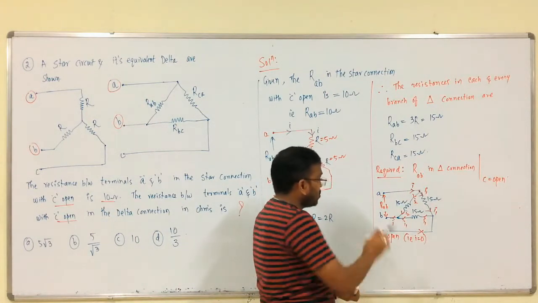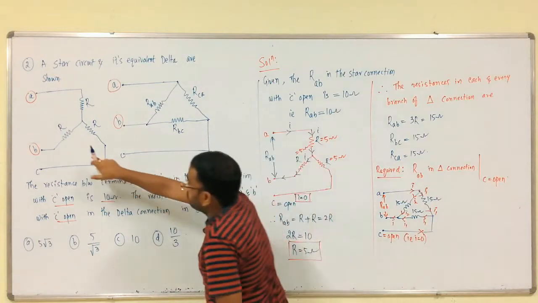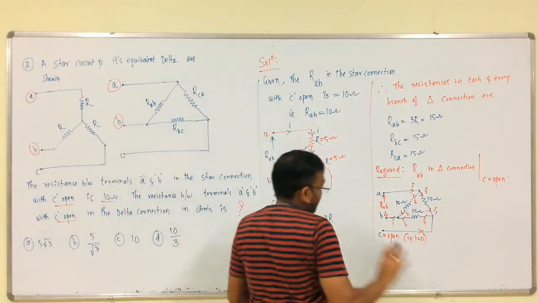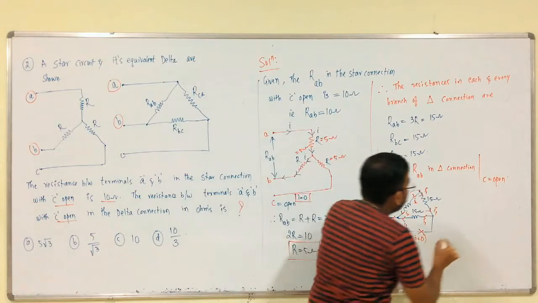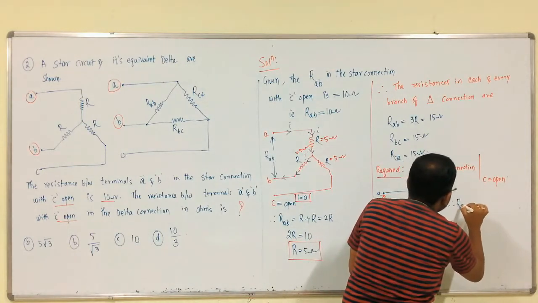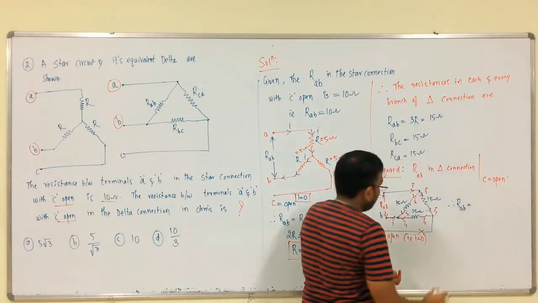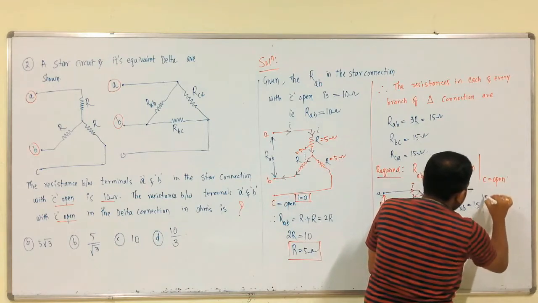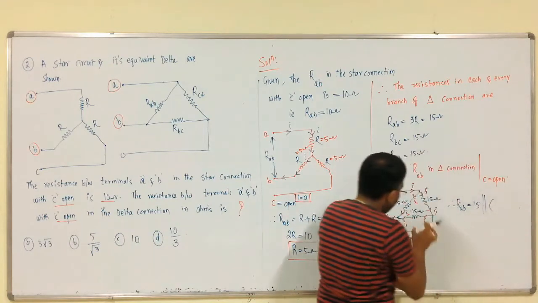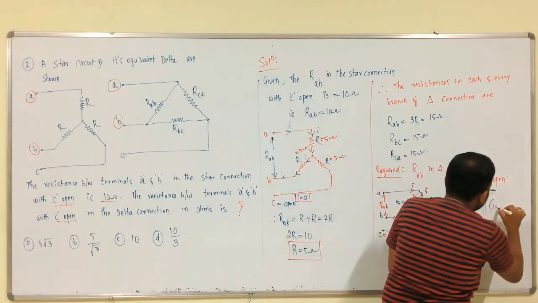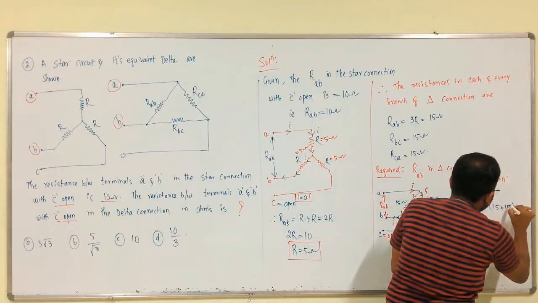We have derived the shortcuts for star connected and delta connected networks. Therefore, RAB is equal to what? The 15 ohm branch is connected in parallel with the series combination of these two, 15 plus 15.